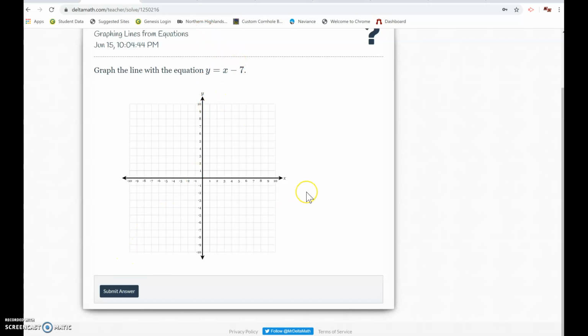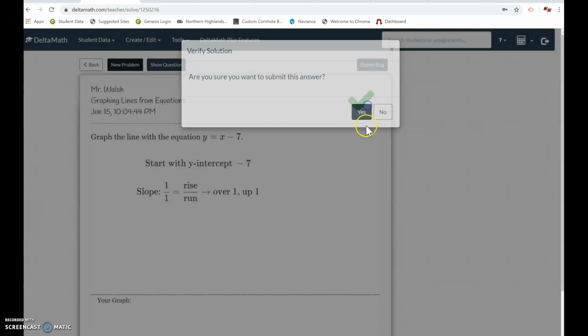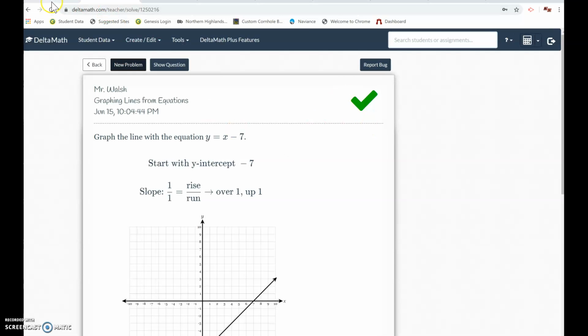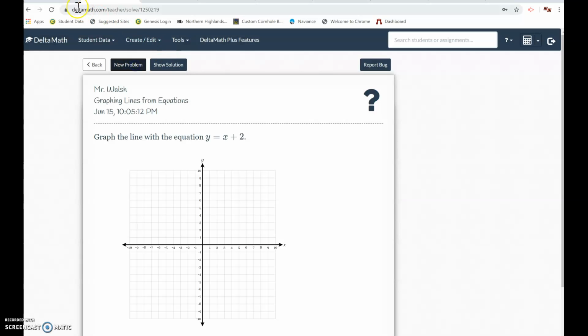And usually their homework problems are anywhere between 5 and 10 questions. And you're supposed to graph this equation, and you'll start with the y-intercept, and you'll do rise over run, which will be up 1 over 1, graph the line, submit your answer, and see if it's correct. And that would be the problem set, and you would go to a new problem.